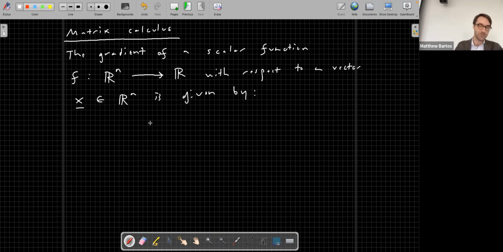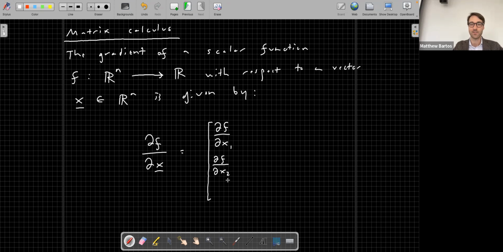This is a review of matrix calculus. You may have learned this in Calc 3. So if we have a scalar function, df by dx, what we do is we take our scalar function and we compute its partial derivative with respect to each element of x. So we would have df by dx1, df by dx2, all the way through df by dxn.